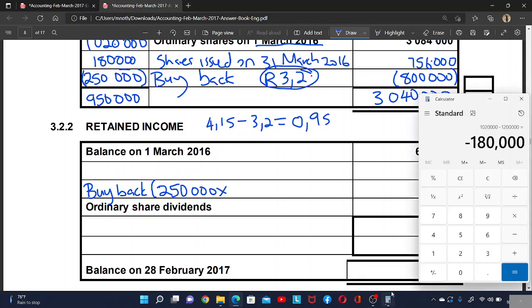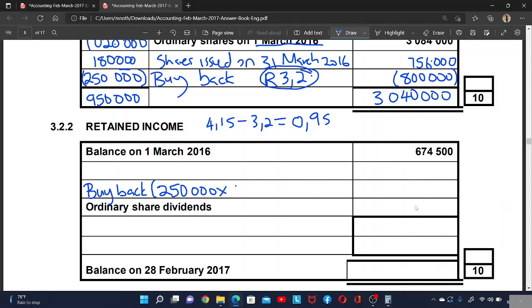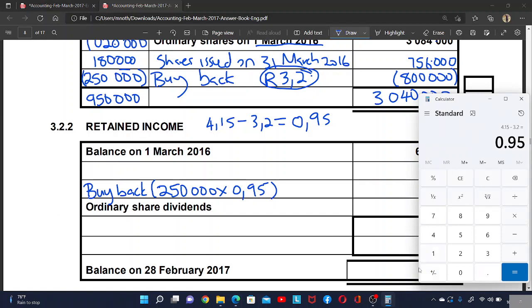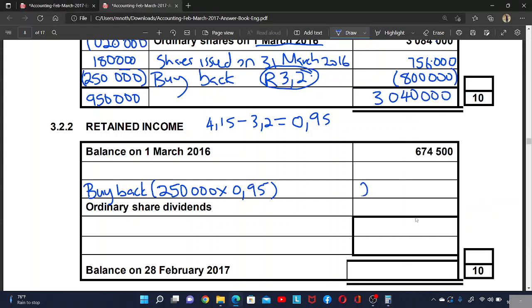Let me check. It's 415 minus Rand 20, equal to 0.95. This is your buyback. So 250 times 0.95 is equal to 237,500. So we subtract the buyback of shares.